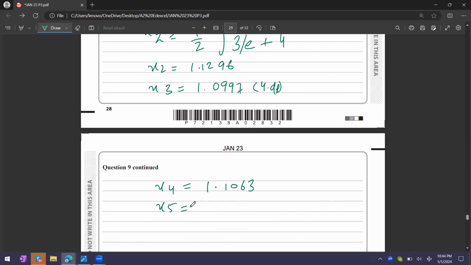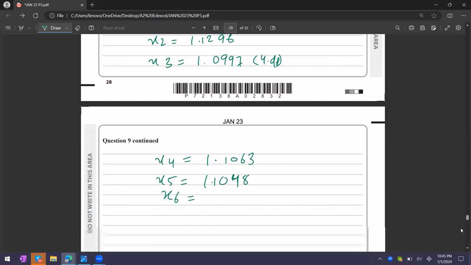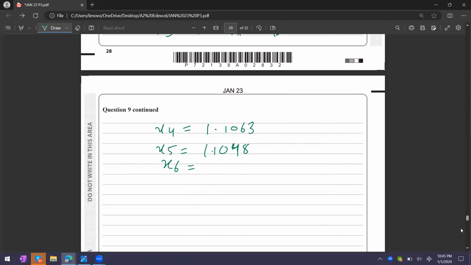It's like we are working as a program. We just keep repeating. I think this is the second last. We can reach the solution now. 1.1048. One last, x6. Maybe two more.